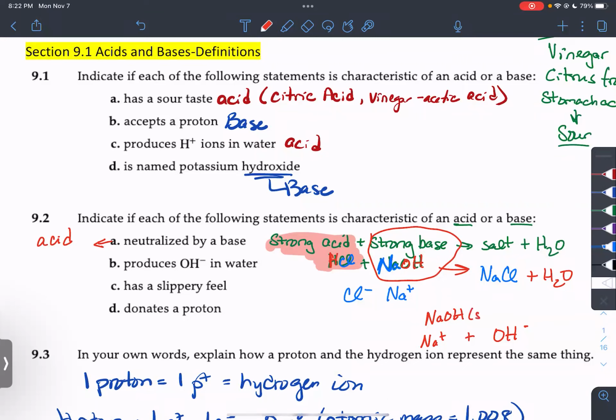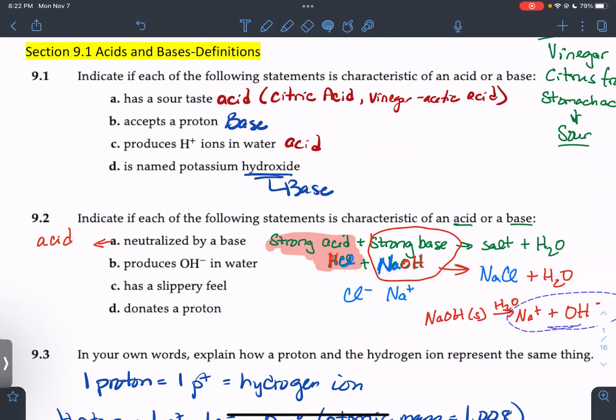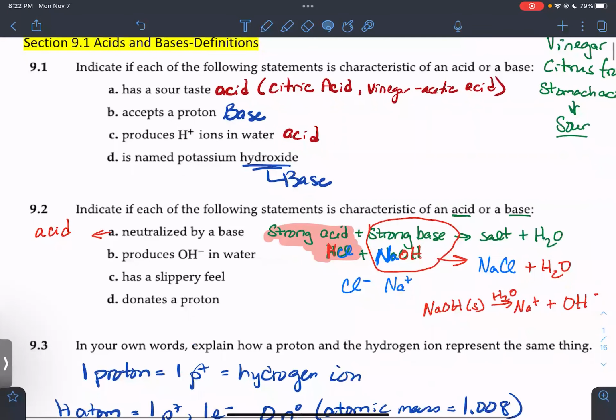So all you have to do is say, I'm going to take a solid and put it into water. Remember what happens is that the substance will dissociate. So it's just like the hydration things that we've talked about in the past. So what produces OH minus in water?